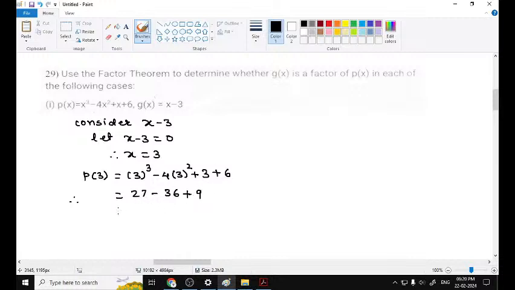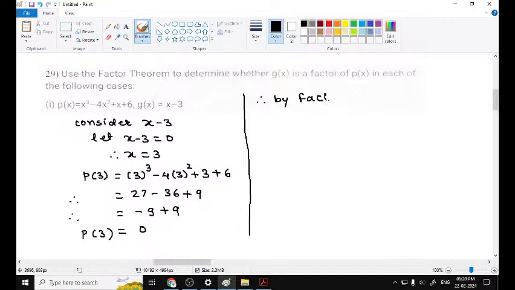This 27 minus 36 is minus 9 plus 9. So we get p of 3 is equal to 0. Therefore, by factor theorem, we can conclude that g of x is factor of p of x.